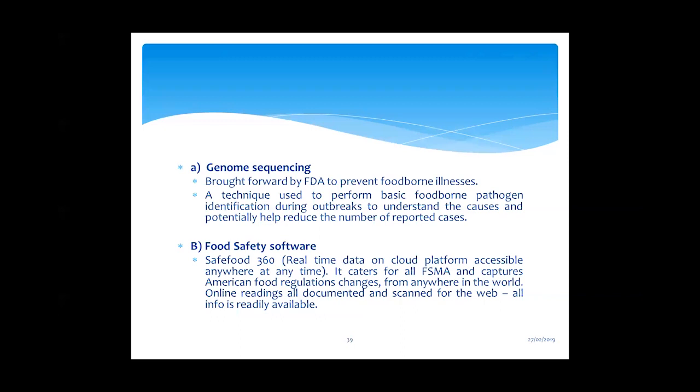So all this information is publicly available, which helps to understand these bacteria and their DNA sequences, which can help improve food safety in the future and prevent the onset of related foodborne illnesses.